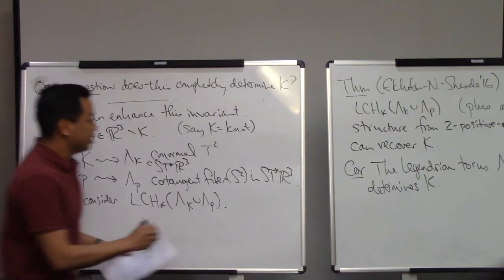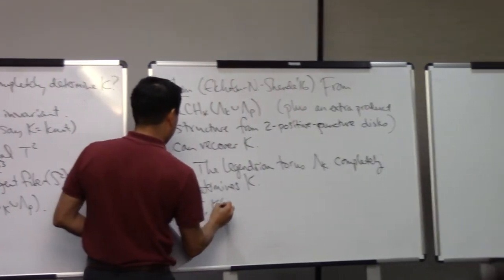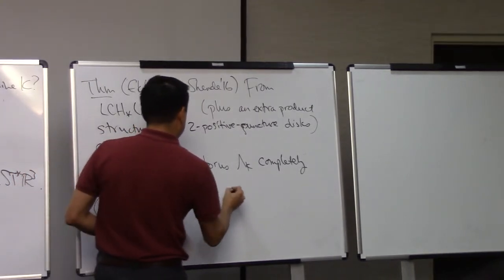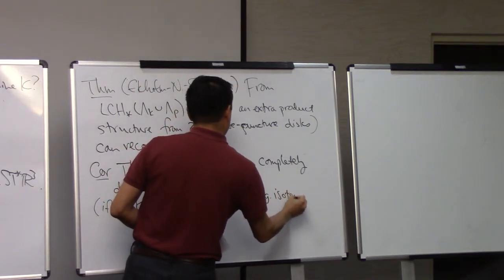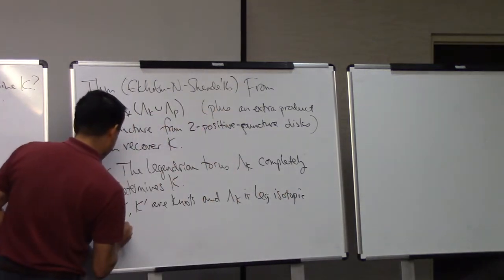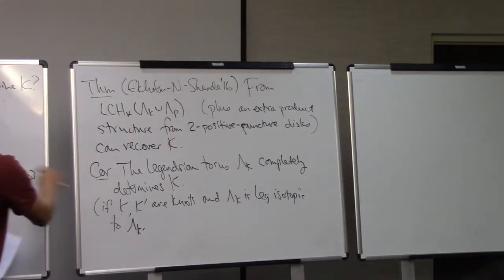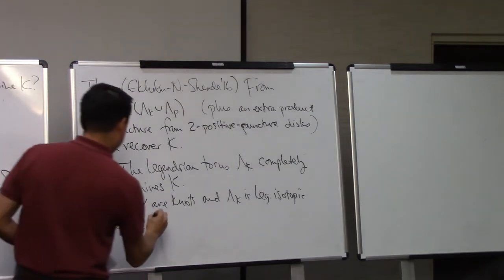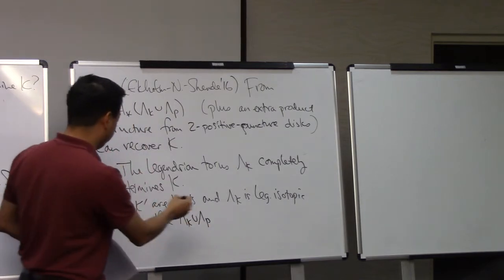So the point is that the reason for this is, if K and K prime are knots, and lambda K is Legendrian isotopic to lambda K prime, then the same thing is true if you add in this cotangent fiber, assuming that P is not on either of the knots.